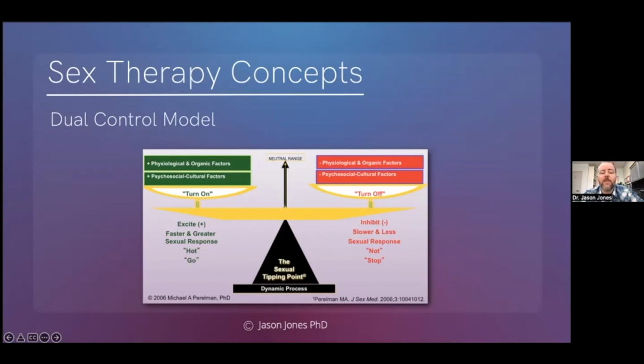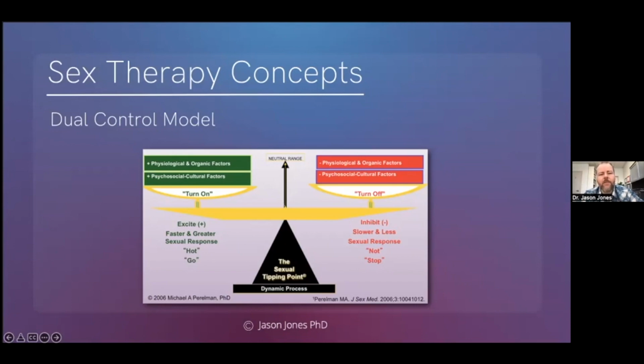So we want to be able to talk about all of those issues with clients: their physiology, the psychology, the cultural impacts of what turns them on and what doesn't, or maybe even how they learned what turned them off and what didn't. So we'd be trying to help couples or individuals really explore, what are all of my accelerators?